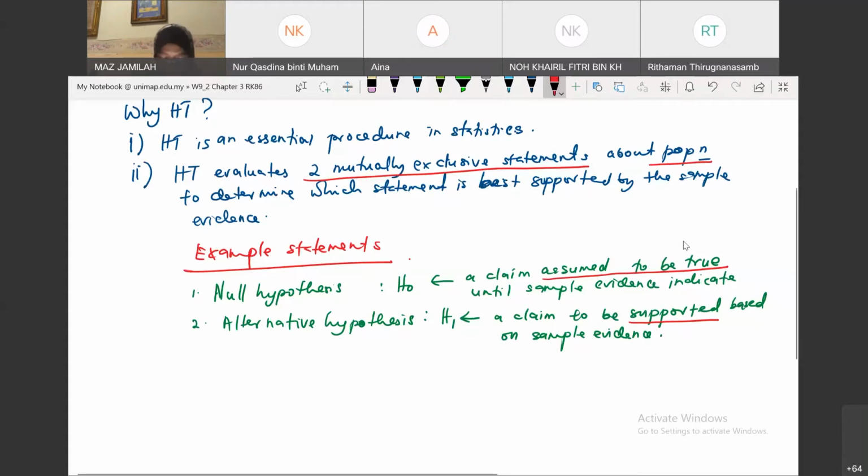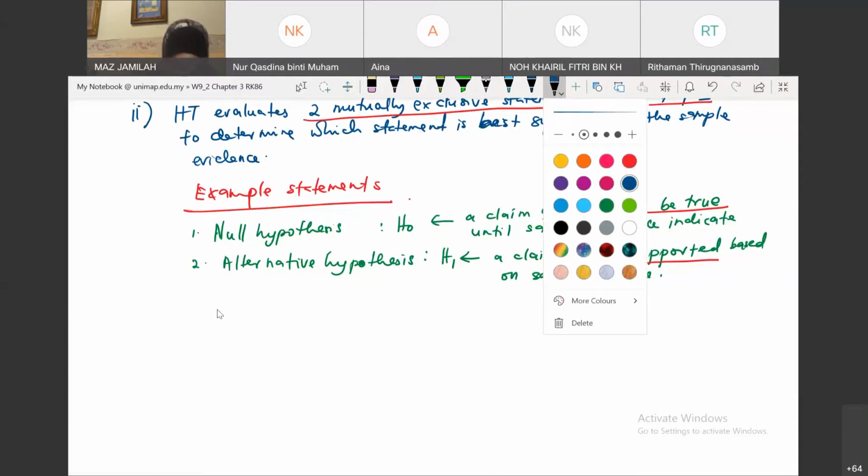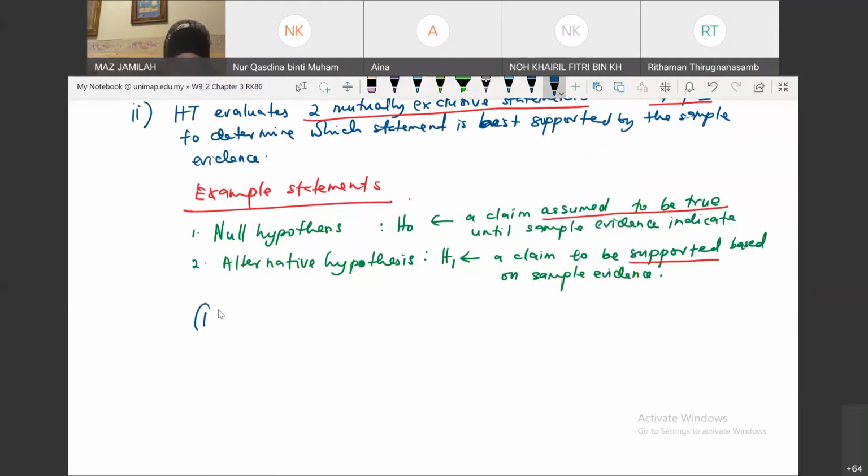Now, what kind of statements? We begin with one population, because our discussion is under one-population hypothesis testing. First example: null hypothesis, mu is equal to mu naught; alternative, mu not equal to mu naught.